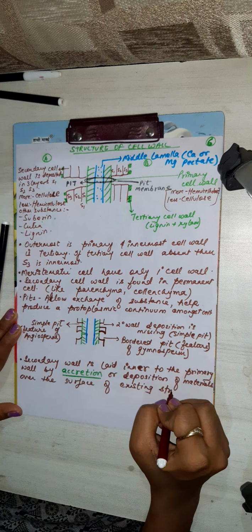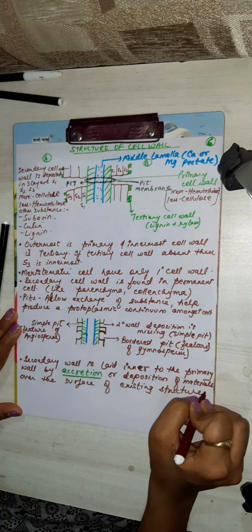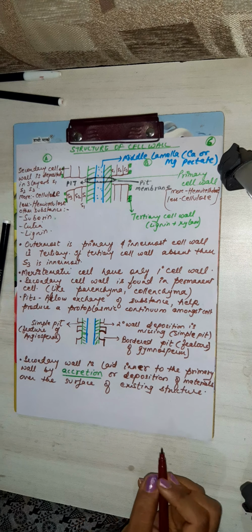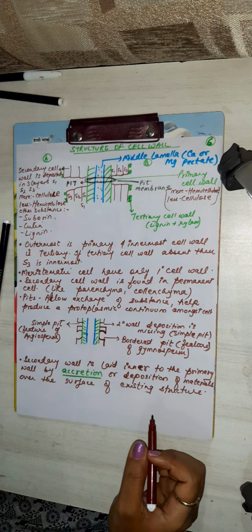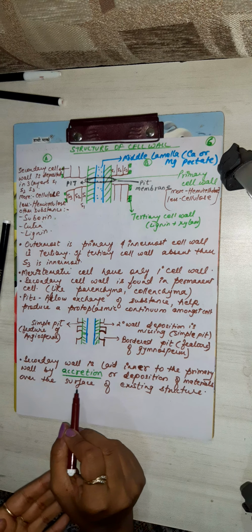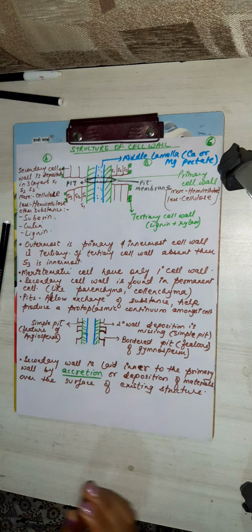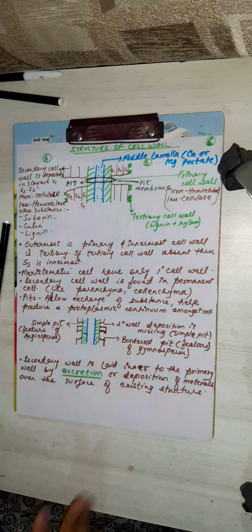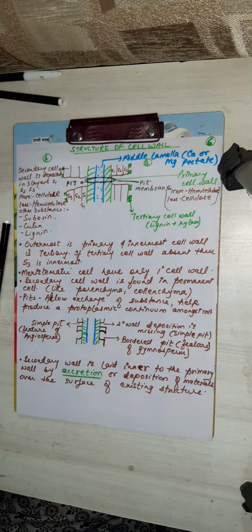Material नहीं होगा. Okay, so it is what? A deposition of material in secondary wall is known as accretion. Okay, so students, this is all about the cell wall.